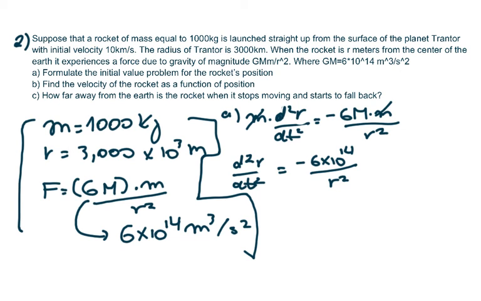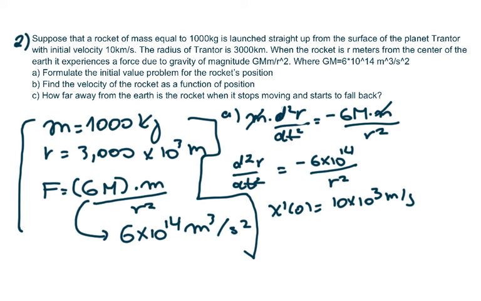So let's see. We know that the initial velocity is going to be 10 kilometers per second. So x prime of 0 is going to be 10, and let's write it as 10 times 10 to the third meters per second. Once again, we got to work in meters, not in kilometers.